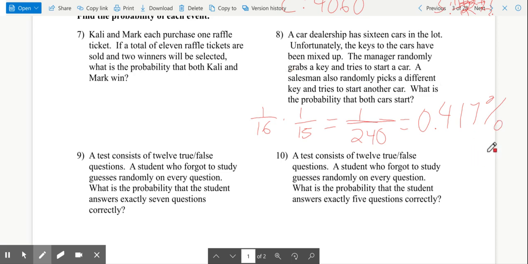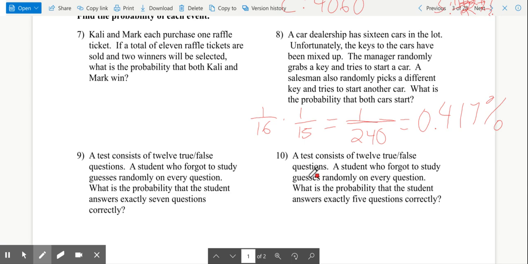Obviously, like I said, it repeats, but this is 0.417%. So that's the trick with this: you get rid of 1, so the denominator has to go down each time. All right, let's do the next one.